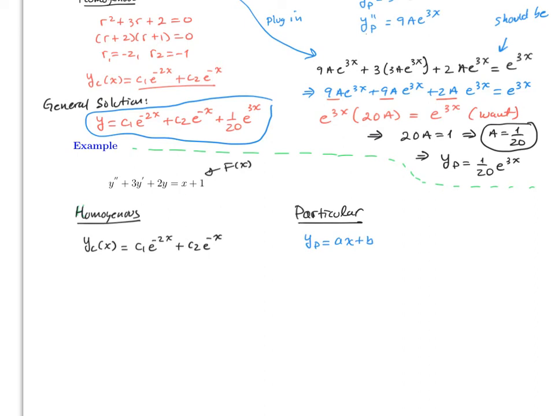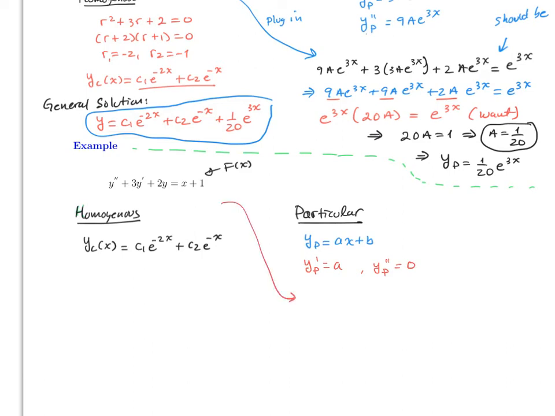If this one was x squared, then the particular solution would be ax squared plus bx plus c and so forth. Okay? And then we do the exact same thing as in the previous one. Just take the derivative, so y prime will be a, and y double prime will be 0.